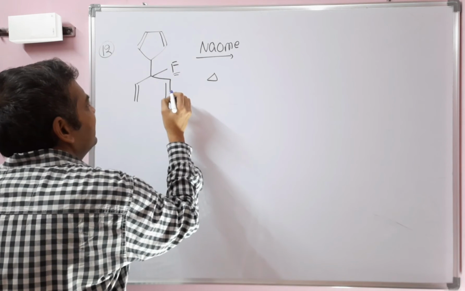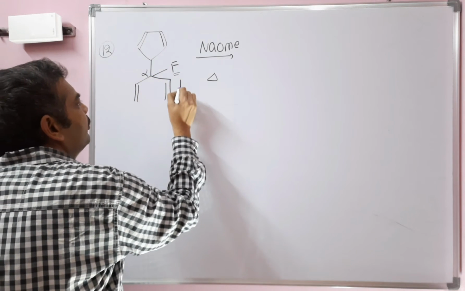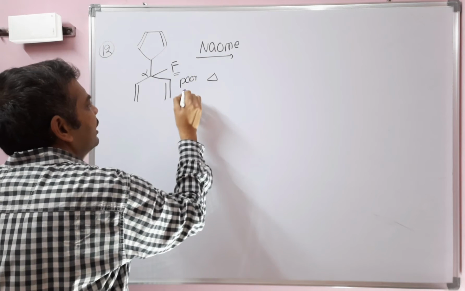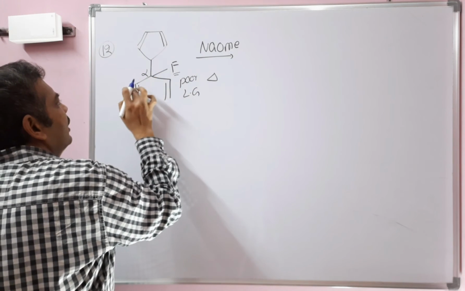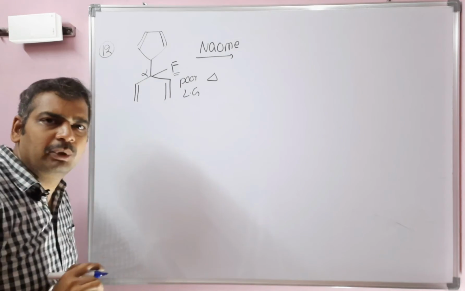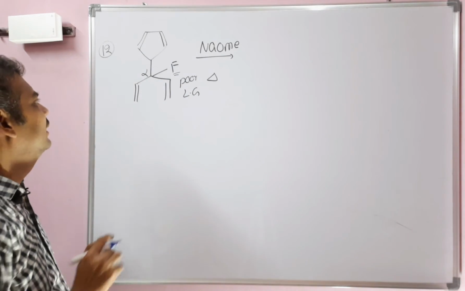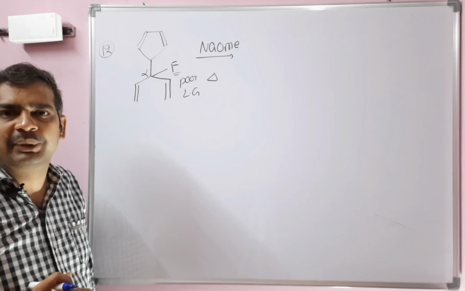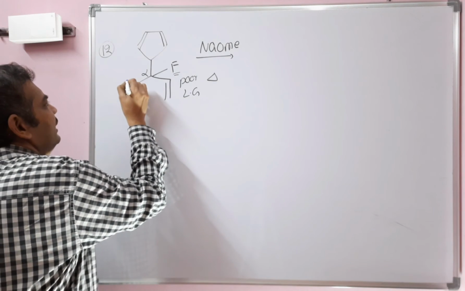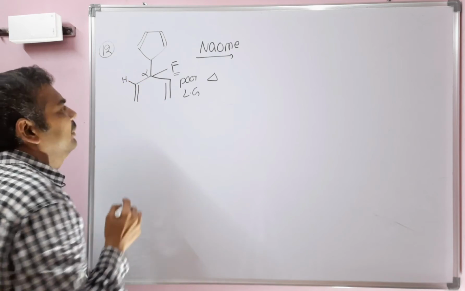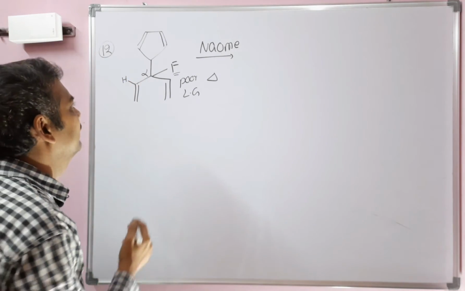A poor leaving group is there, so there is a chance to undergo E1CB. With respect to the alpha carbon, a beta hydrogen is available, at the C double bond C, an sp2 hybridized hydrogen. Definitely this hydrogen is acidic, there is no doubt. This is a beta hydrogen, a very important example.